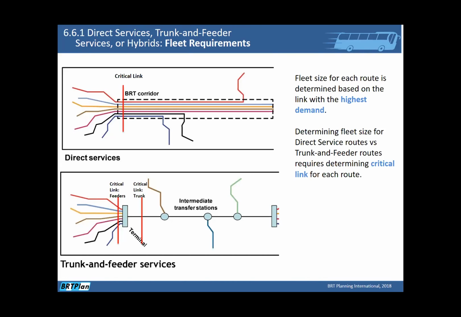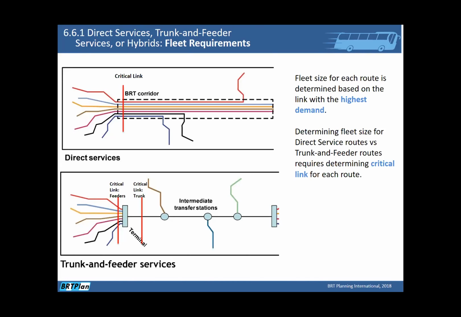Now, in that case, you're going to have to set the fleet for your feeder buses based on the maximum load at the critical link. And on your feeder buses, there's a pretty high likelihood that the maximum load is right before you get to the terminal. And your trunk line is also likely to be at maximum load somewhere along the trunk, but probably quite close to the terminal as well, because all those passengers have just gotten onto the trunk.